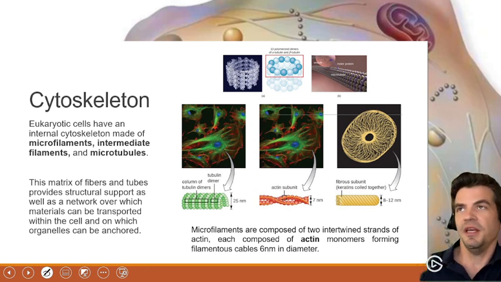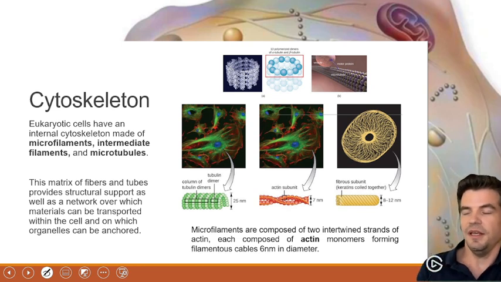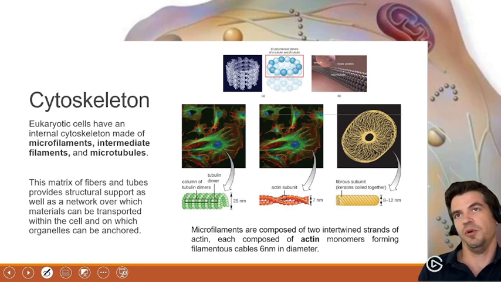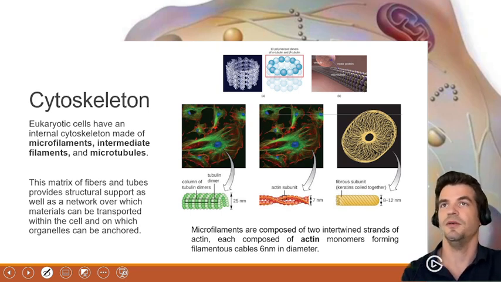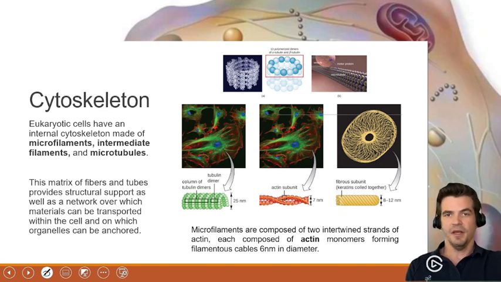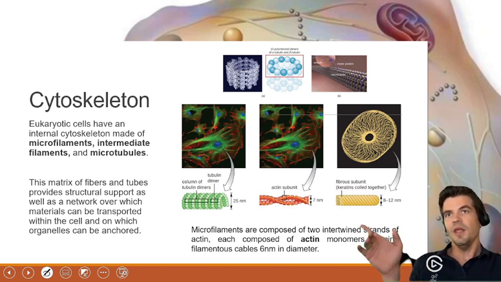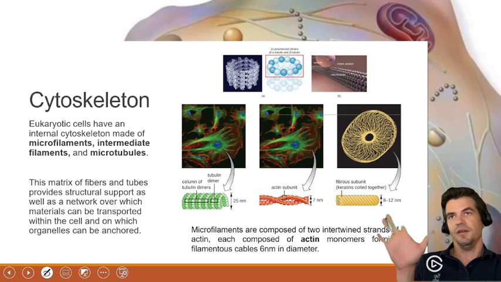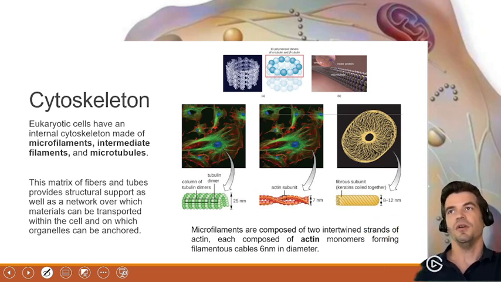We also have a cytoskeleton in eukaryotes that prokaryotes do not have. They don't need it as much. They have the inclusions to make them a bit stronger. But here we have a few features like actin and myosin that give our cell support.